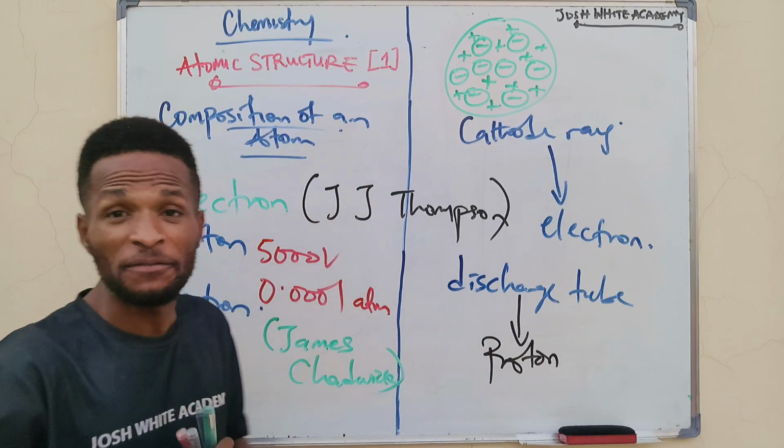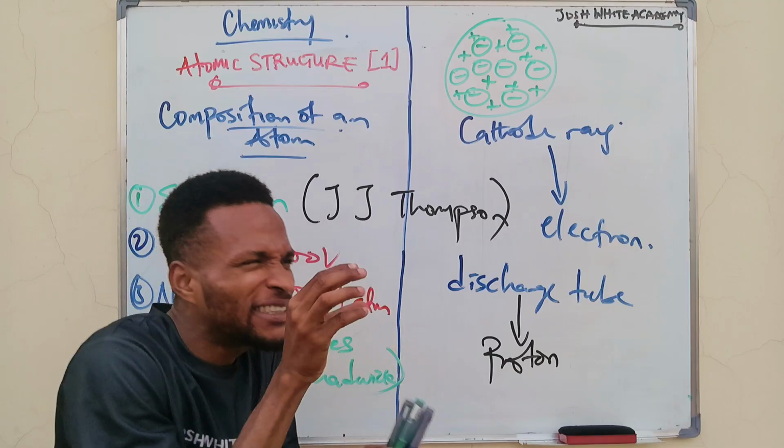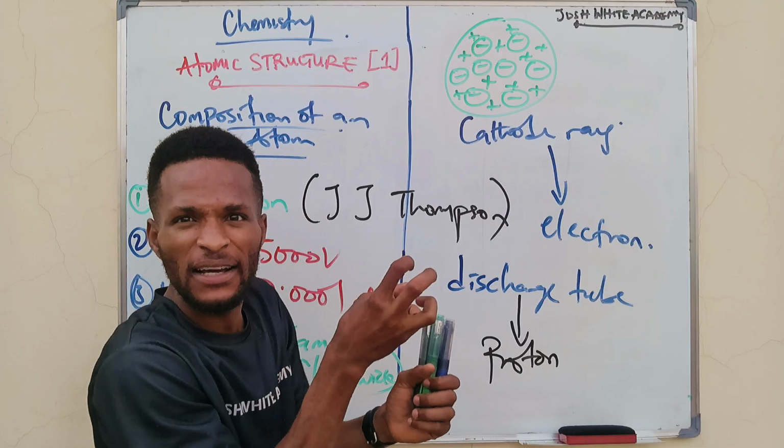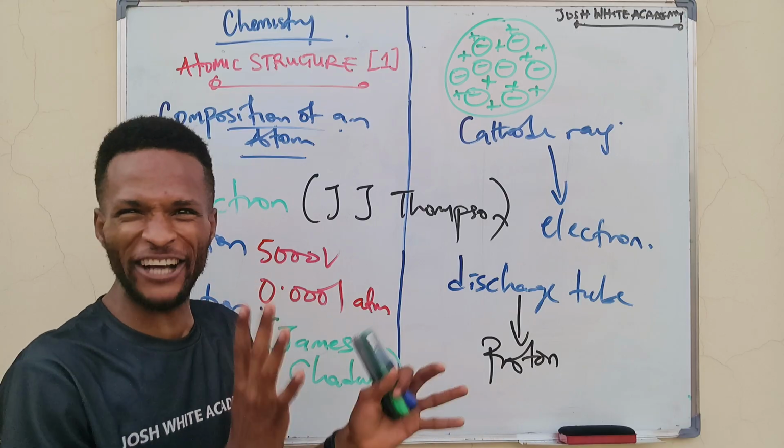That proved that an atom had a large empty space with a small centrally placed dense nucleus, which was causing the deflection.